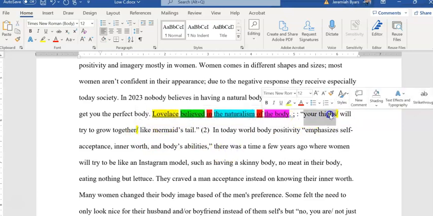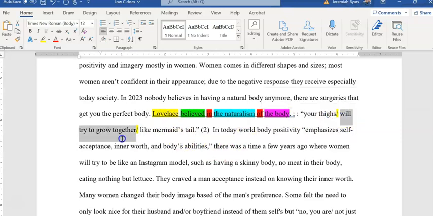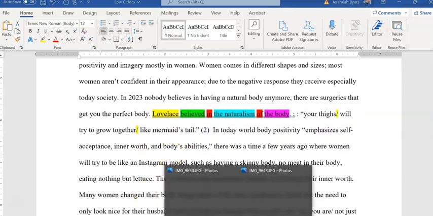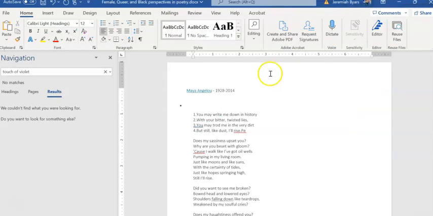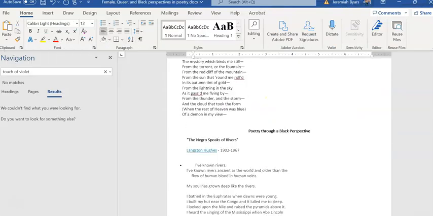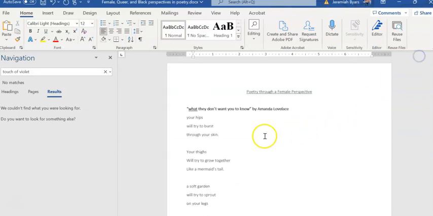There's 1, 2, 3 phrases. You know that this is supported by the fact that we can go back to the packet, and we go to our poem right here.